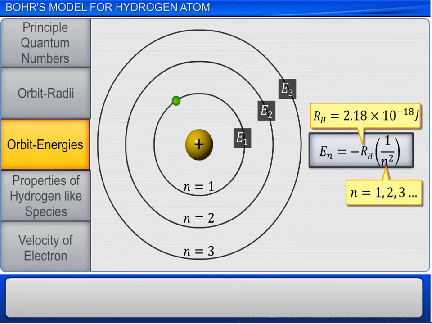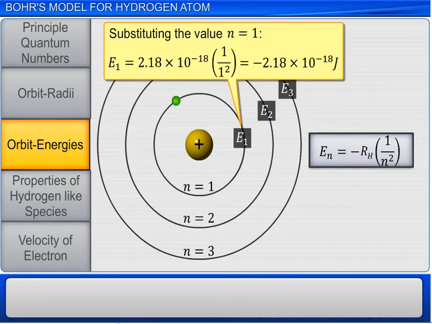Energy of the nth orbit of a hydrogen atom in electron volts is equal to minus 13.6 divided by n squared. Thus, the energy of the ground state, n is equal to 1, for hydrogen atom is equal to minus 2.18 multiplied by 10 raised to the power minus 18 joules.